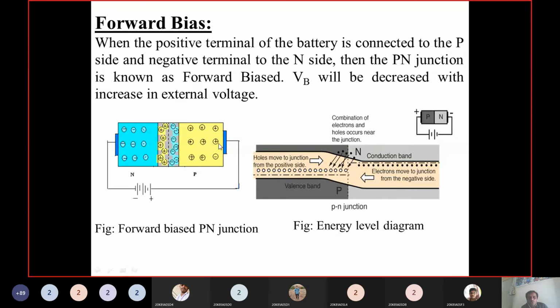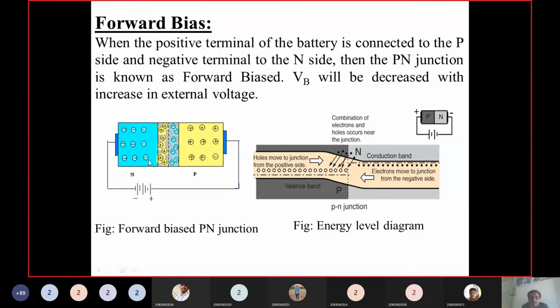Due to the positive terminal, these holes are repelled. Similarly, electrons have negative charge, and the negative terminal is connected to the N region, so the electrons are repelled and come closer to this side, and holes come closer to this side. This condition we call forward bias.